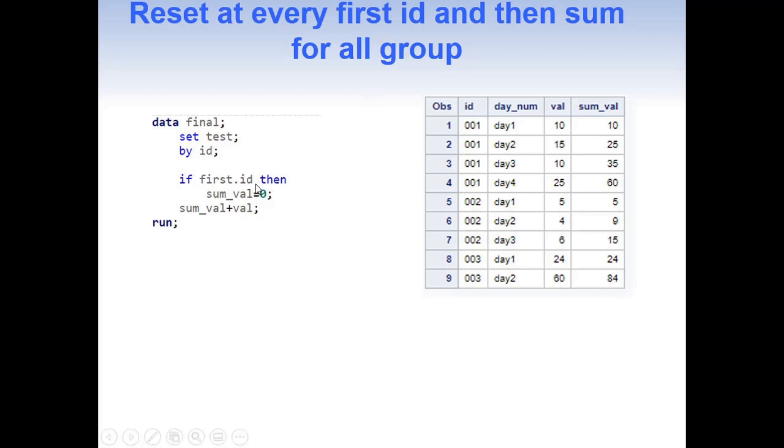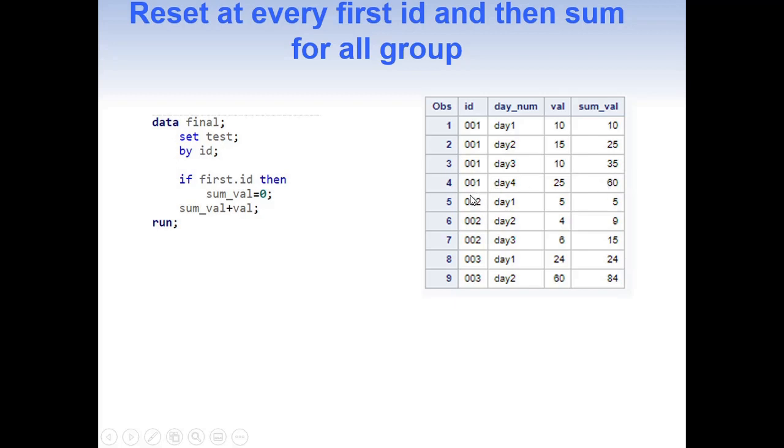When it is first dot id, that is in here when the value is 10, we are saying that the sum underscore val should be 0. And then we are going to add cumulative, means we are going to add 0 plus 10 plus 15 plus 10 plus 25, and here we are finally getting our total.